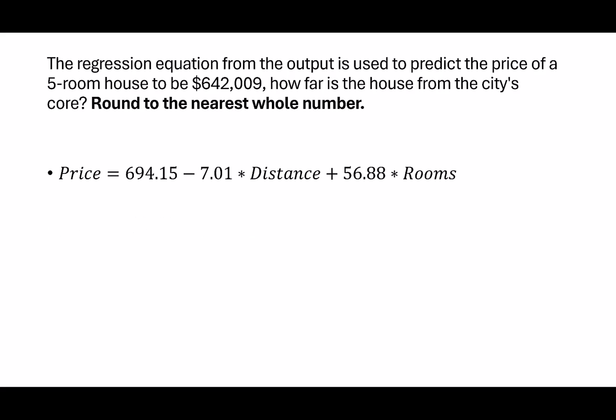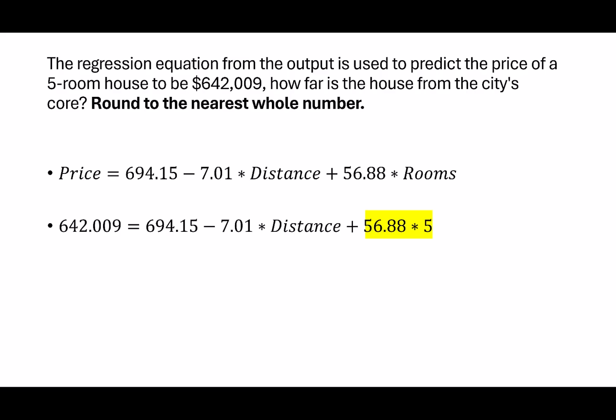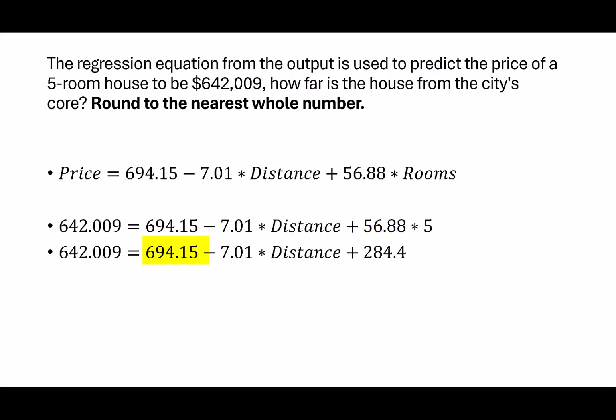642.009. Next, we'll substitute our values. We'll have 642.009 is 694.15 minus 7.01 times the distance plus 56.88 times our 5 rooms. We can multiply 56.88 times 5 to get 284.4. Then we'll combine the 284.4 with 694.15 to get 978.55.